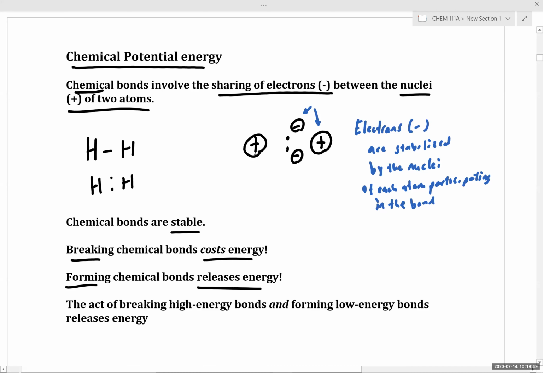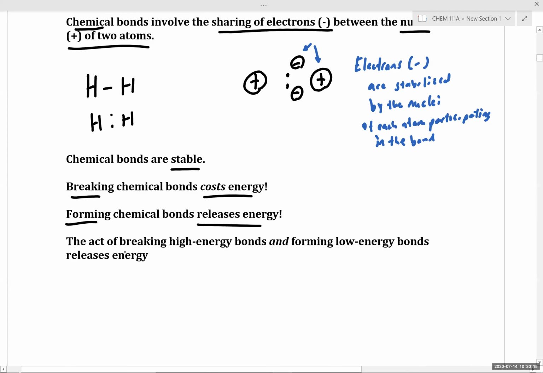Bonds are stable. So if we're forming very stable, low energy bonds, some of that energy that was present in our starting materials gets released in the form of heat or other energy such as work. So the act of breaking high energy bonds and forming low energy bonds releases energy.